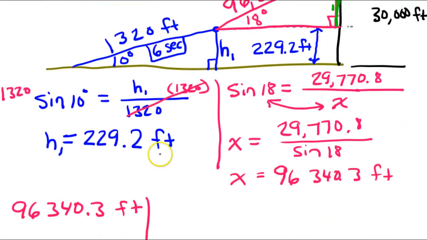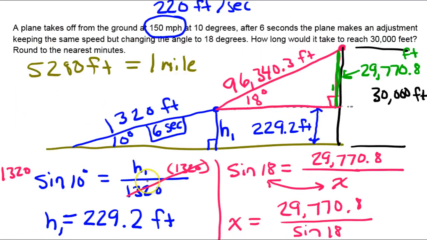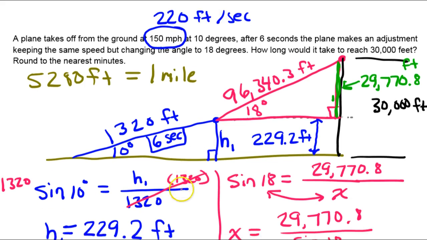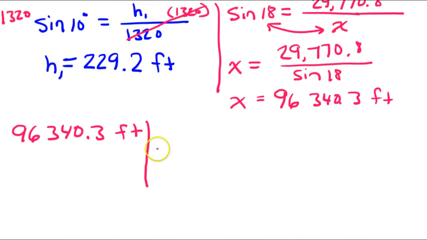I'm trying to convert this into seconds. Right at the beginning, we decided that the plane is traveling 220 feet per second. So in this story, 220 feet equals 1 second. That's just the conversion that we need, feet and seconds.